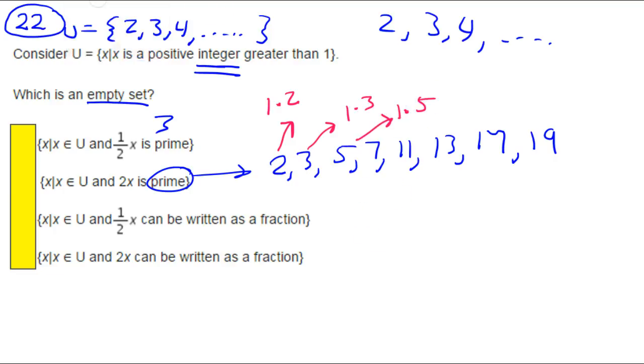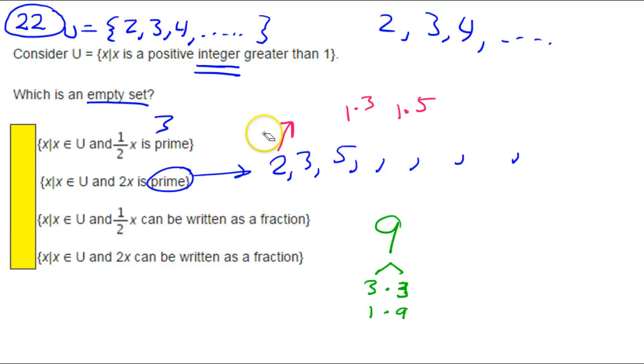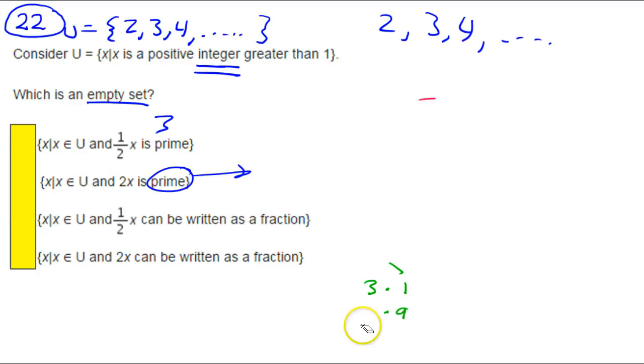So for example, the number 9 is not prime because I could write the number 9 as 3 times 3, and, whoops, I wrote 1 times 3. 9 can be written as 3 times 3 and 1 times 9. But for prime numbers, it's only 1 times itself. If you take any number and multiply it by 2, there's no way it's going to be prime.